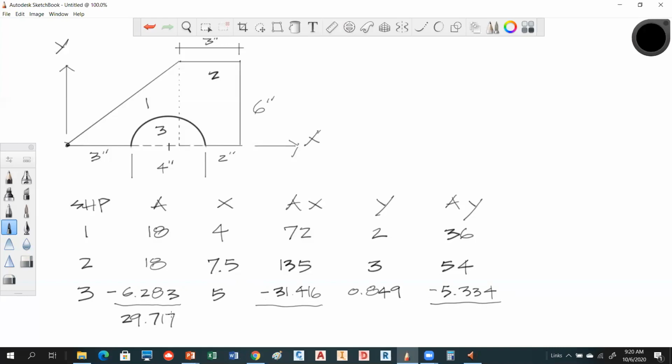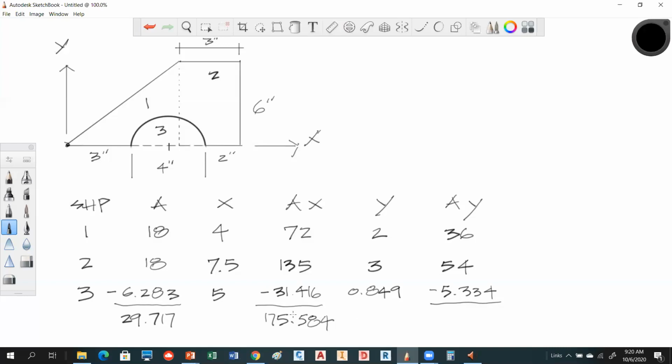And then I've got 72 plus 135 minus 31.416. You guys verify this. I get a positive 175.584.